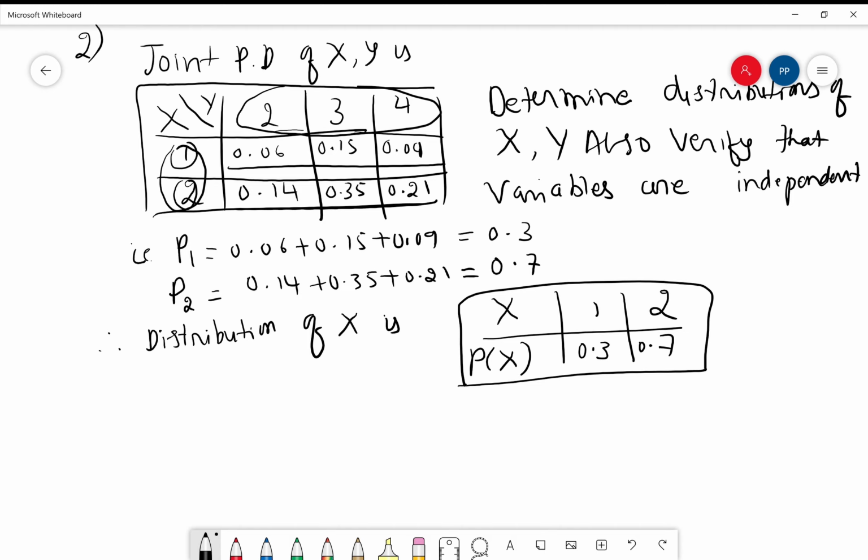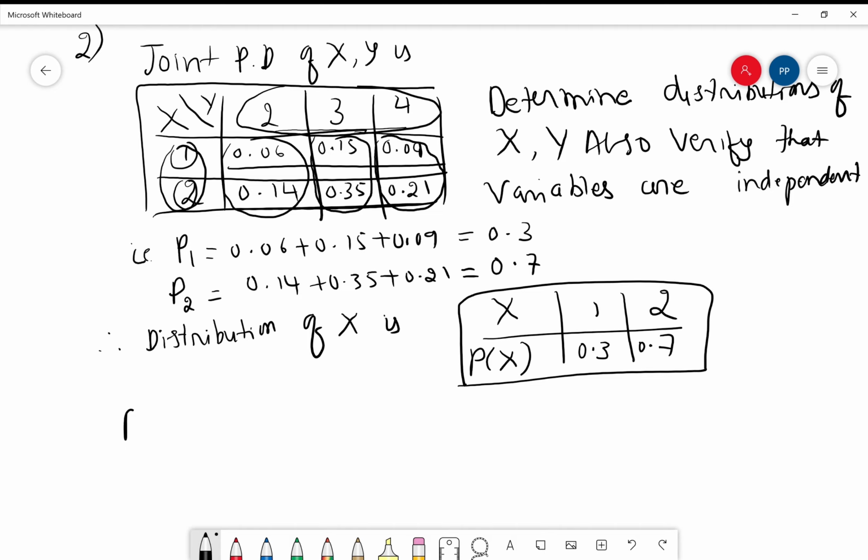Okay. Now, the marginal distribution of y. So y is taking these values. Now to find the probability of each value, just add the sum of the entries in its column.